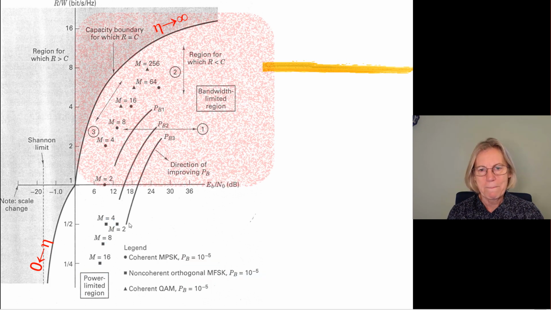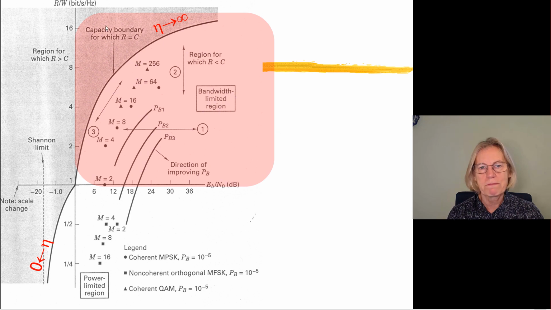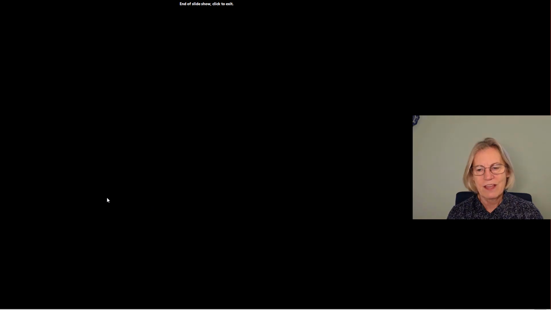So the bandwidth limited region basically refers to everything where the efficiency is above 1 bit per second per hertz. And in the power limited region, we're looking at values where we're going less than 1 bit per second per hertz. Okay, thank you.